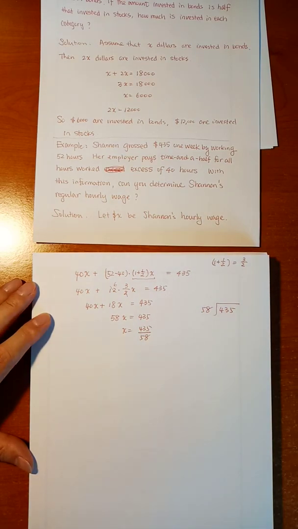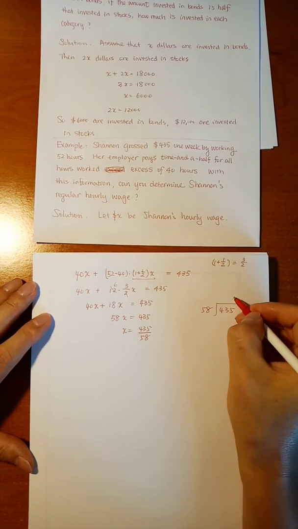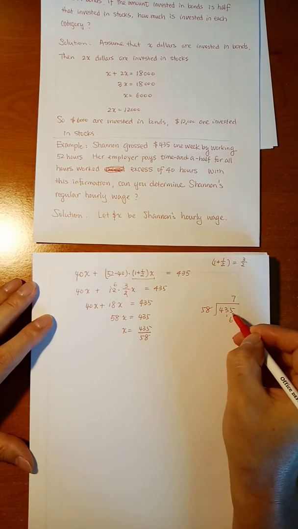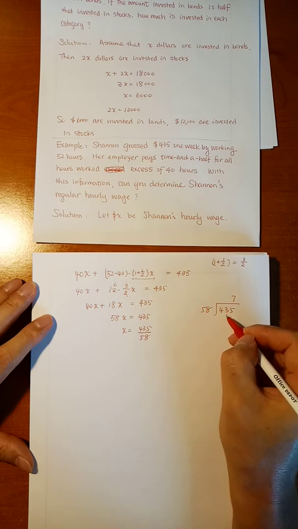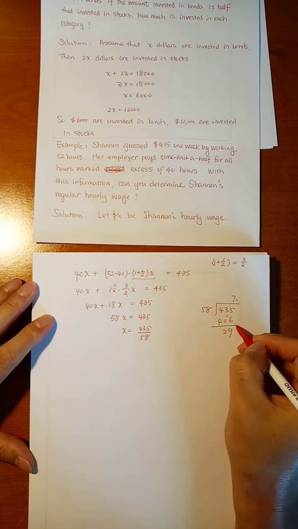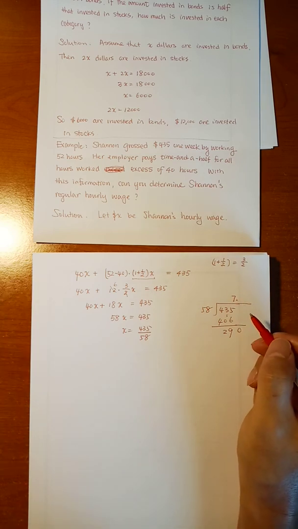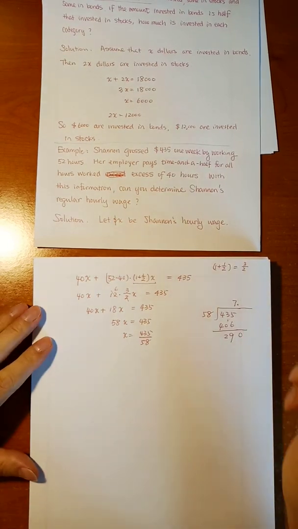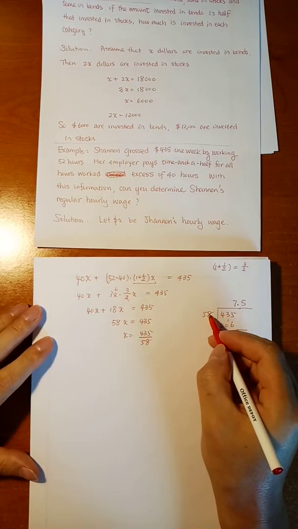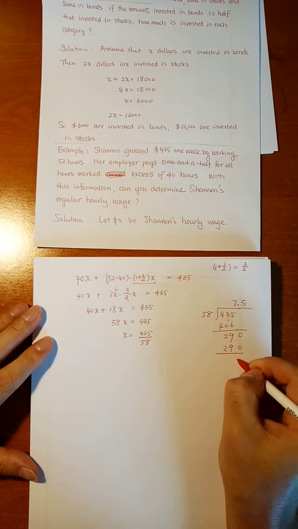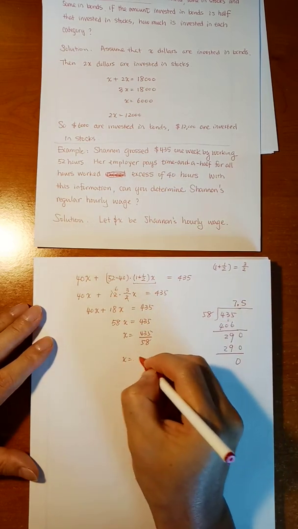Let's try 7: 7 times 8 is 56, 5 times 7 is 35, plus 5 is 40, 2, here's 9. What's next? Let's put 5 here: 5 times 8 is 40, 5 times 5 is 25, 25 plus 4 is 29. Good, so x is 7.5.